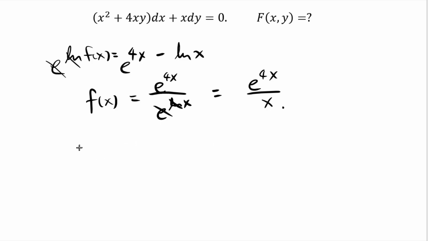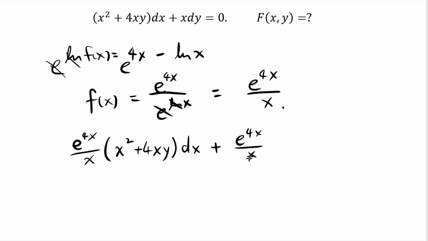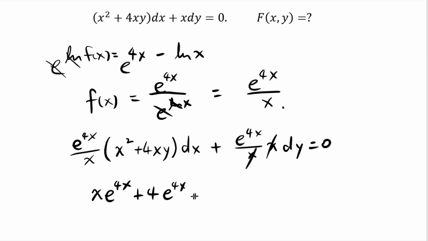So multiplying that to everywhere, this will cancel with that, so those two x's will cancel, and actually x squared divided by x is x, and this x will also cancel, and you end up with (x e^(4x) plus 4 e^(4x) y) dx plus e^(4x) dy.